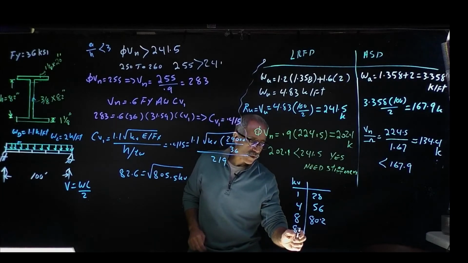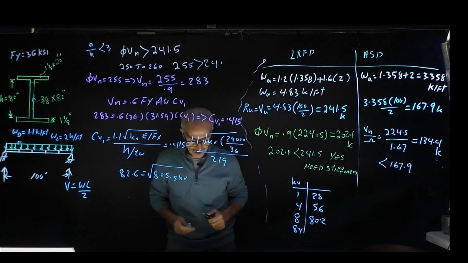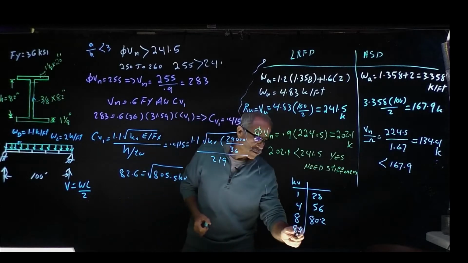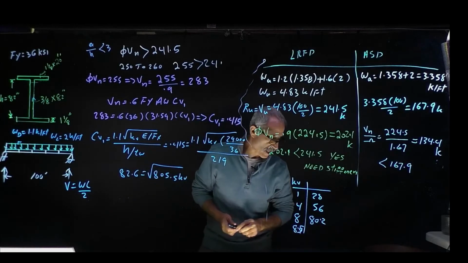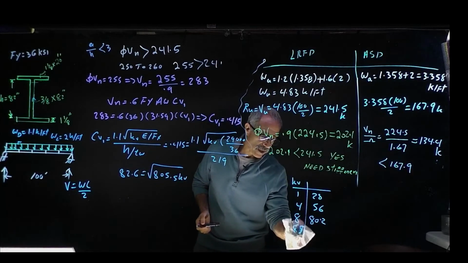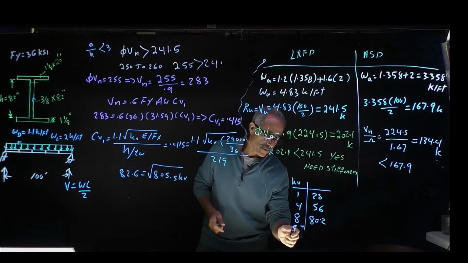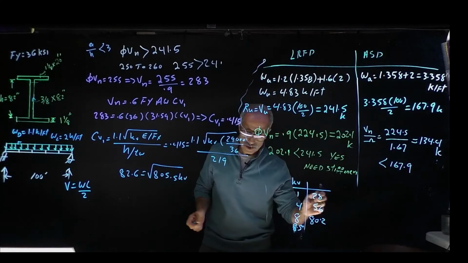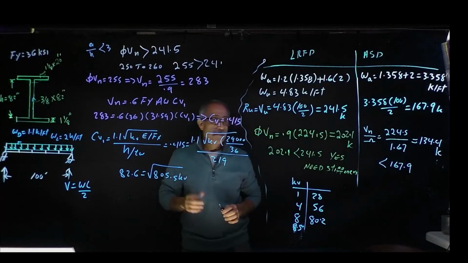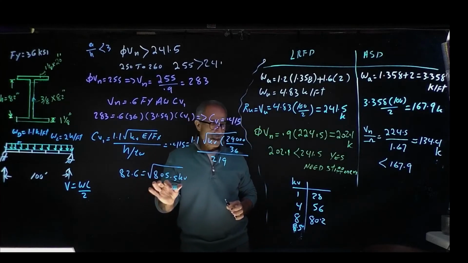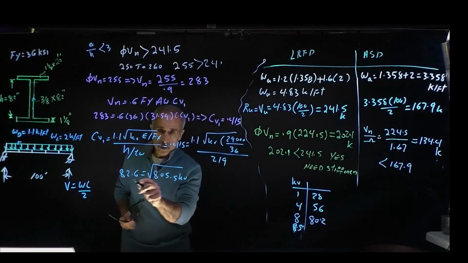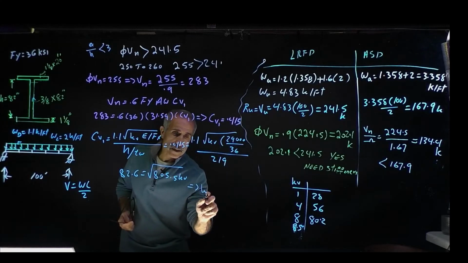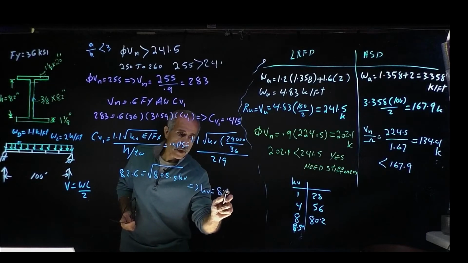And 8.4, we can refine it, make it a little bit closer. And 8.5 is finally going to give you the better chance. And you're going to get 82.6. But anyway, so we know the kv we're looking for, kv is equal to 8.5.